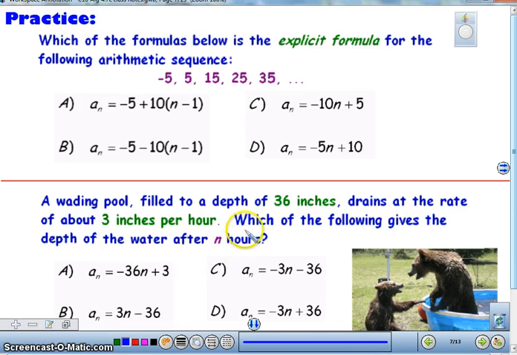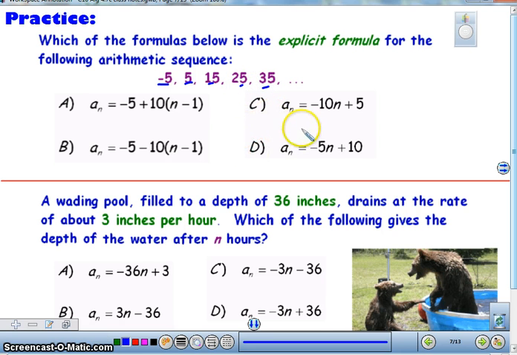You are now asked to do some practice at the bottom here with explicit formulas. As we look at this arithmetic sequence, we want to look at these 4 choices and decide which one is a match for the sequence that starts at -5, 5, 15, 25, 35.